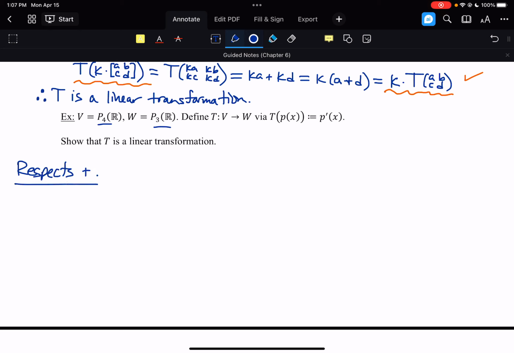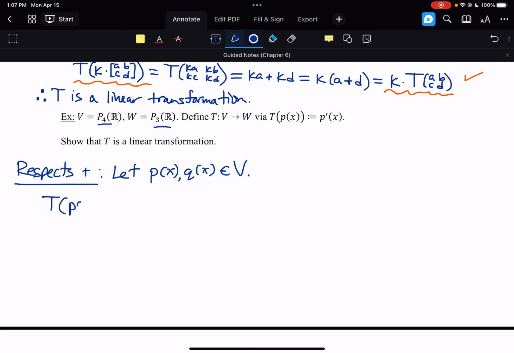So we're going to check that it respects addition. So we're going to let p of x and q of x be elements of V, so the input vector space. So they're going to be 4th degree polynomials or less.